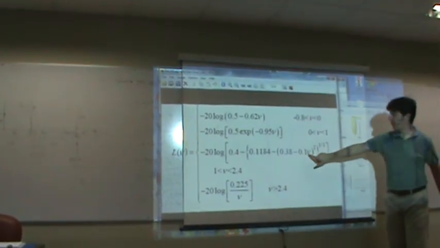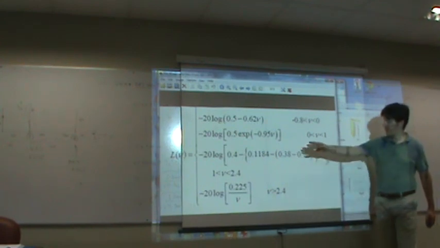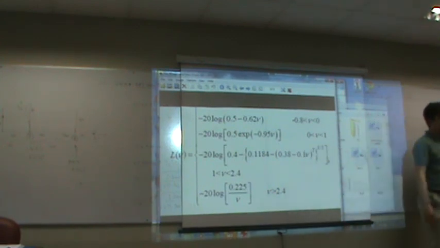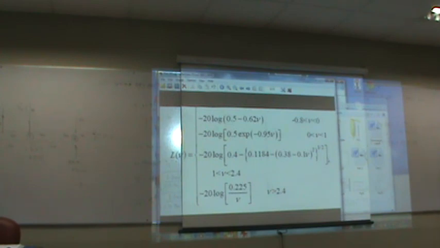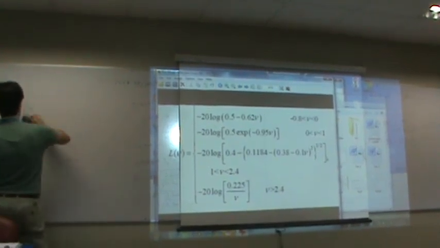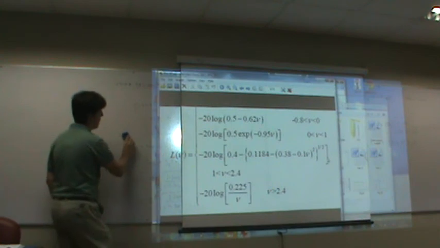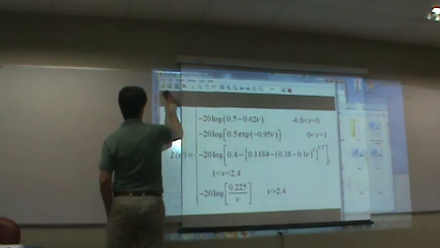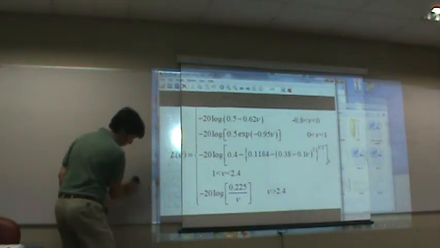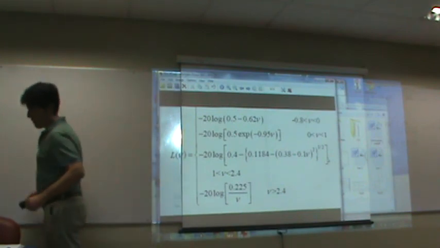You just have to replace here the V value and then calculate this equation. Okay, enough for the moment with scattering.